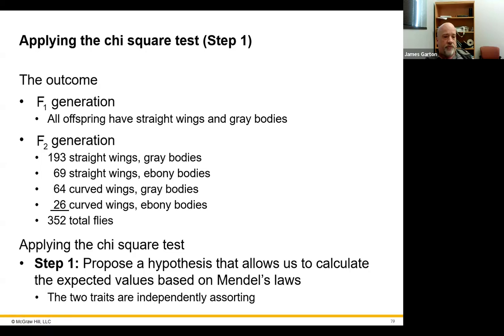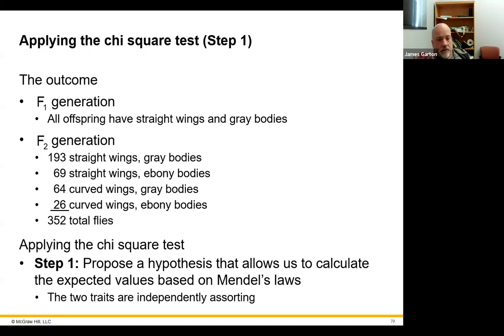And these are the raw numbers that are observed. Notice that if you do the math, this is not an exact 9 to 3 to 3 to 1 ratio. It would be very unusual to get exactly 9, 3, 3, 1.